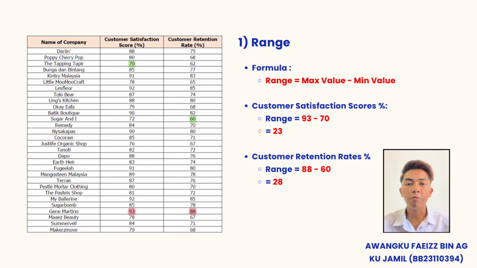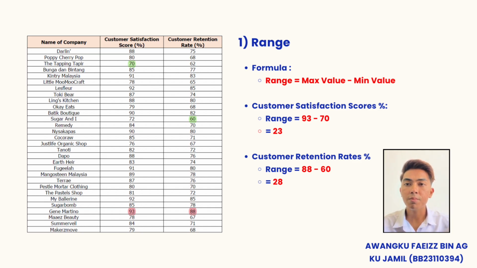So let's begin with the first one, which is range. The range is found by subtracting the lowest value from the highest value. So the formula is range equals the maximum value minus the minimum value.